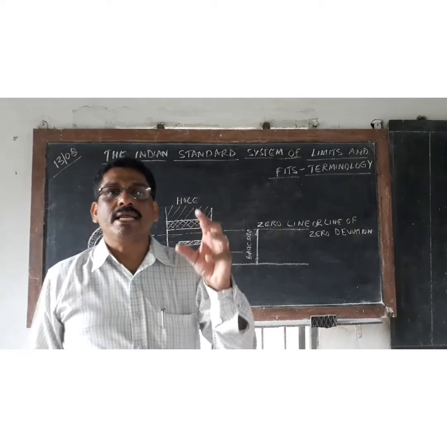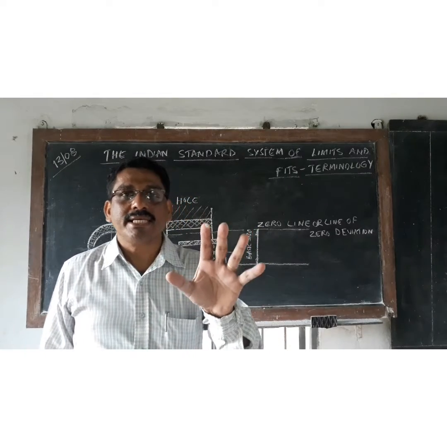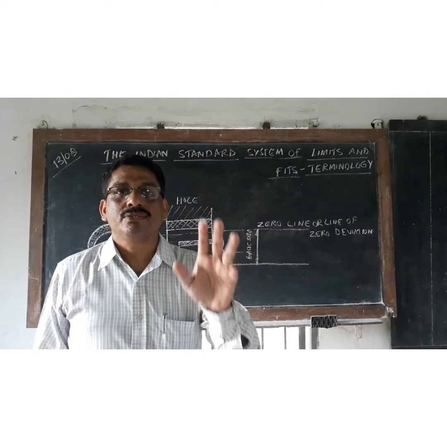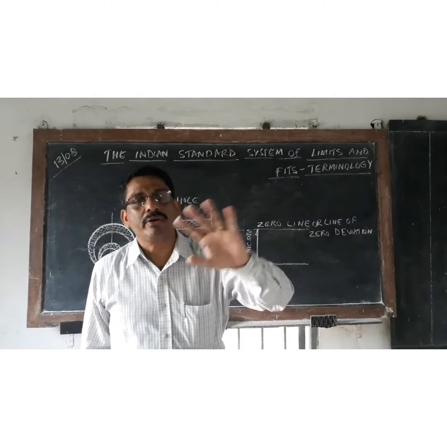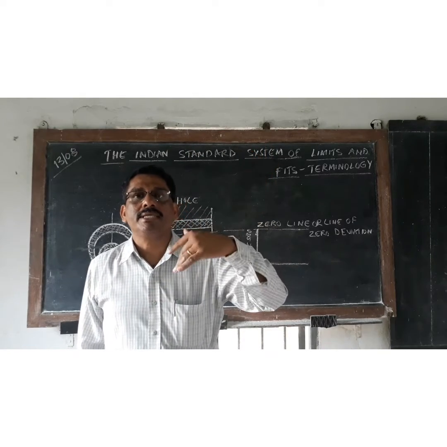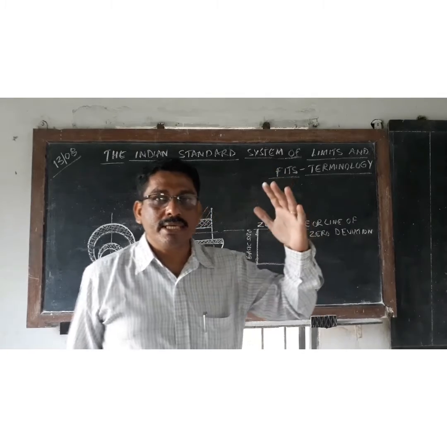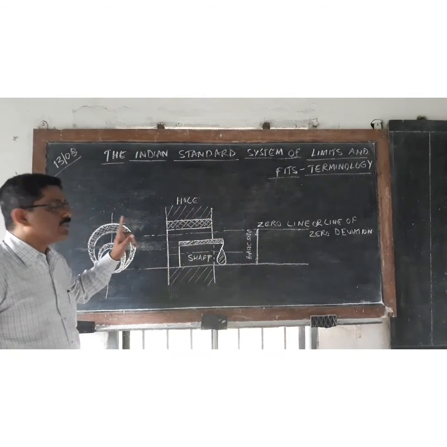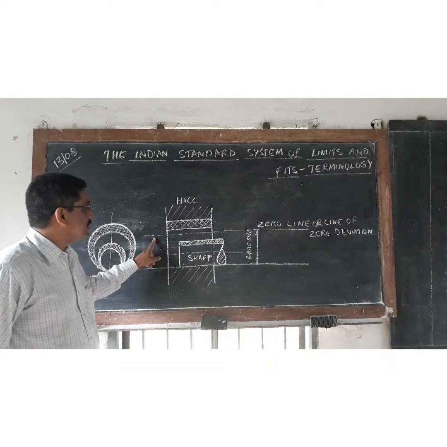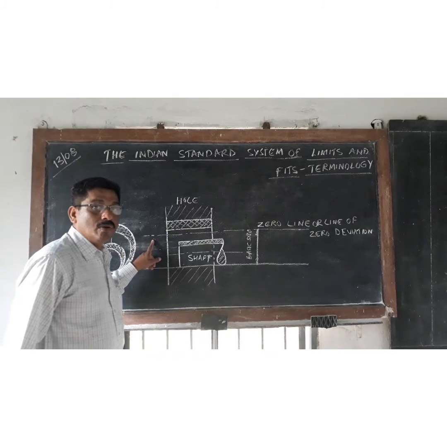Suppose I say 20 mm; 20 is the basic size. Over that, 20 plus 04 minus 02, whatever you give, is called the deviation. All of it is taken with respect to the zero line.